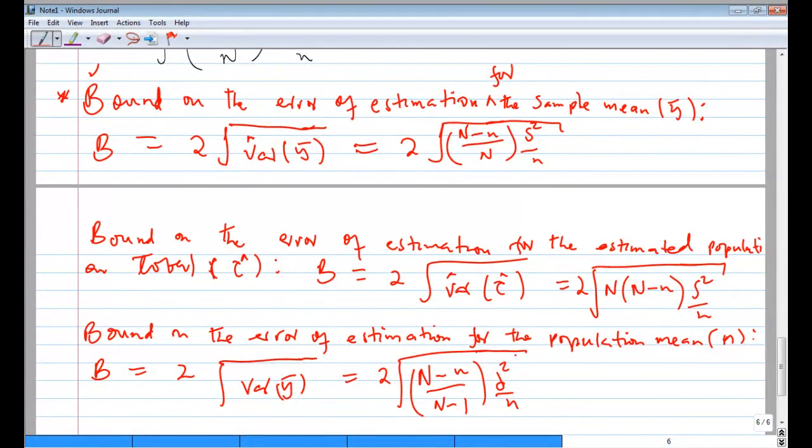So this one is a bound on the error of estimation for the population mean, which is mu. It's given by B equal to 2 times the square root of var of y bar, which is equal to 2 times the square root of (N minus n) divided by (N minus 1) multiplied by sigma squared over n.